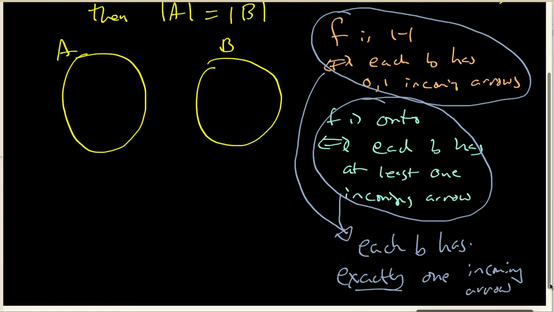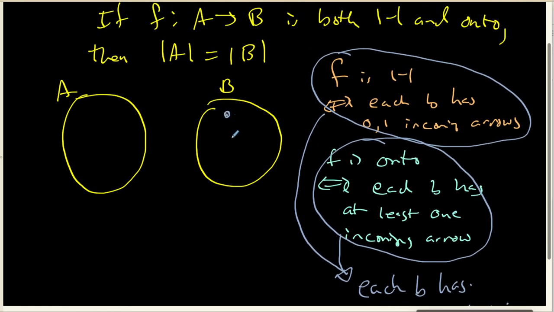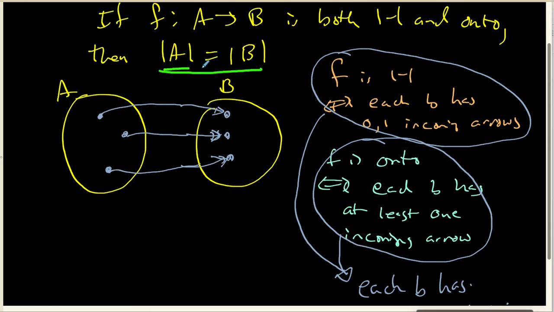So what does that actually mean? Well, if I look at the elements over here, there's only 1 incoming arrow for each of them. But now I also want to think about what function means. No thing in A can create 2 arrows, so we have to have exactly the same number of things in A as in B for this to work. In other words, if you look at this picture, you realize that A and B have exactly the same number of elements.